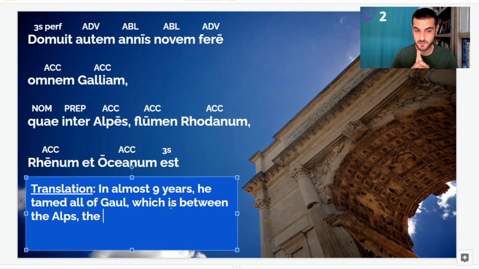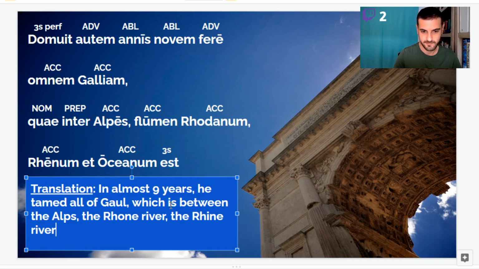The Rhodanus is the Rhone River. The Rhenum is the Rhine River. And the, I'm going to put it in quotes, ocean. Right? The sea.